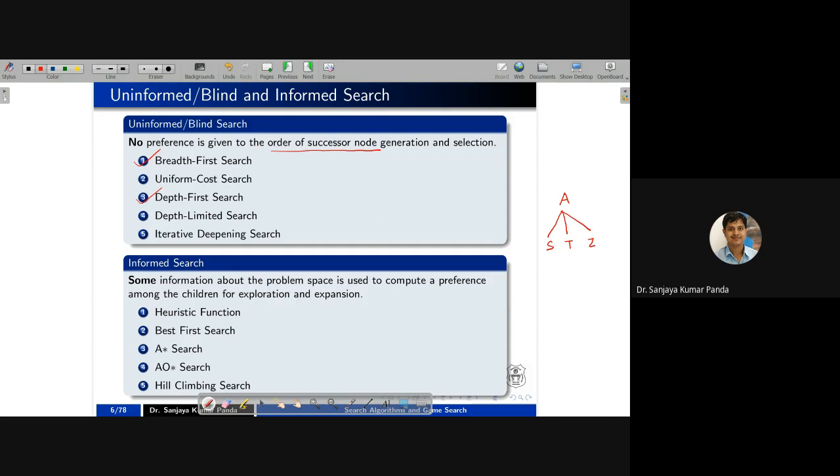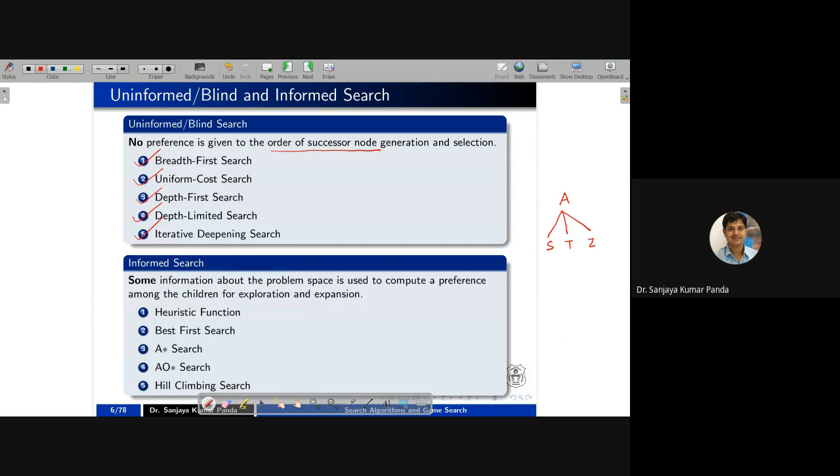But you will see variants of DFS and BFS. You will find another 3 algorithms: uniform cost search, depth limited search, and iterative deepening search. So these are the 5 search strategies we will see.